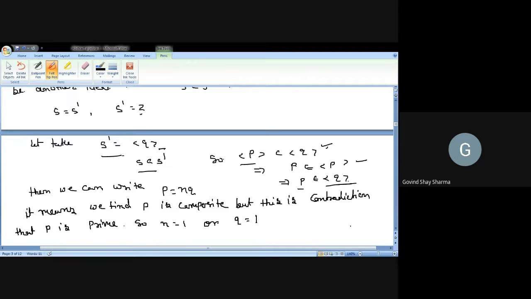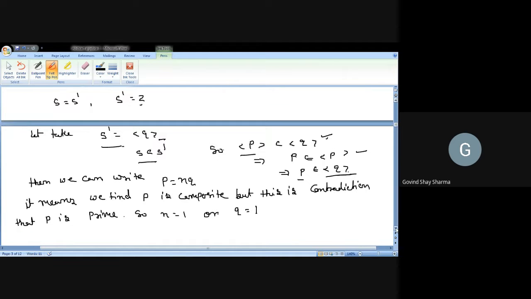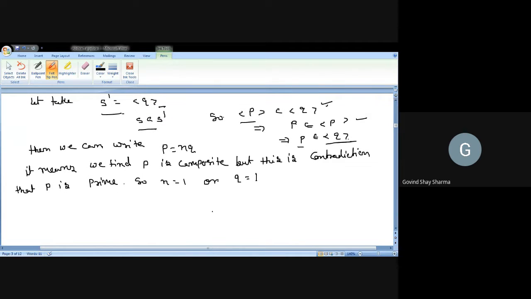So we can say that one of them, N and Q, is 1. If N is equal to 1, then P is equal to Q. Or if Q is equal to 1, P is equal to N.